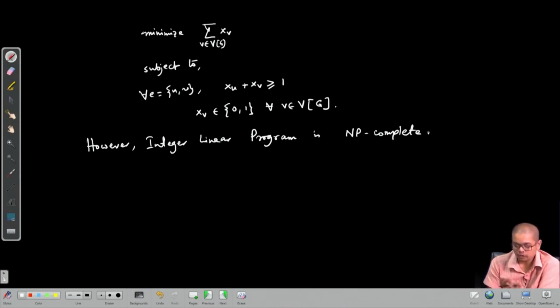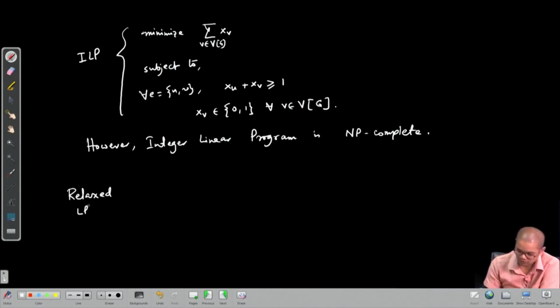So what we do is that we relax the integrality constraint. This is the ILP, the integer linear program. Now we relax it to an LP. What is the relaxation? Everything is the same except the variables. Instead of allowing them to take value only 0 and 1, we allow them to take any real value between 0 and 1.